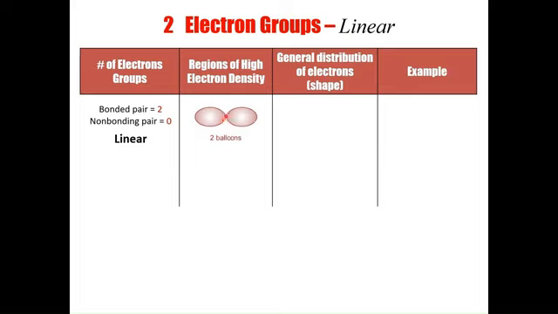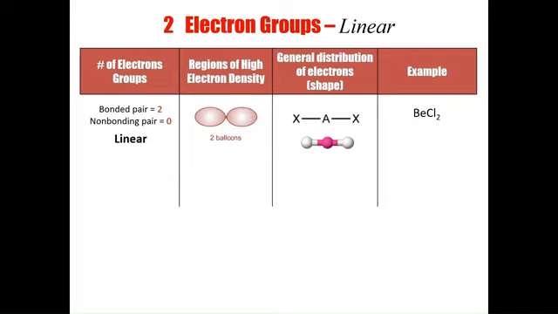If the central atom is where my laser pointer is, these balloons are drawn to represent the orbitals that house the electrons between bonded atoms. A general representation of this type of compound is shown here, where A represents the central atom and the X's represent the peripheral atoms.